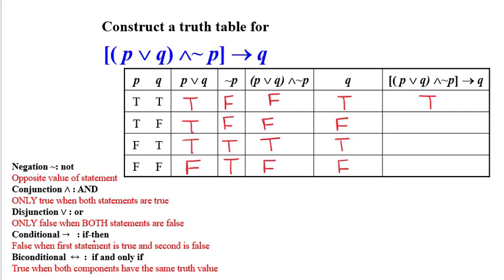Remember, it's only false if the first one's true and the second one is false. So that will be true. Now here the first one is true, but the second one is true. So it's fine. And the last false, false, that is a true. So in another video, you will learn about a tautology when all possibilities are true.